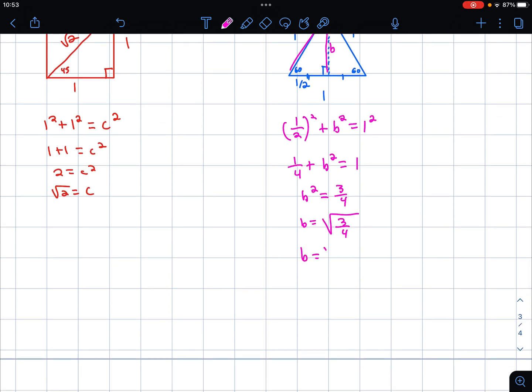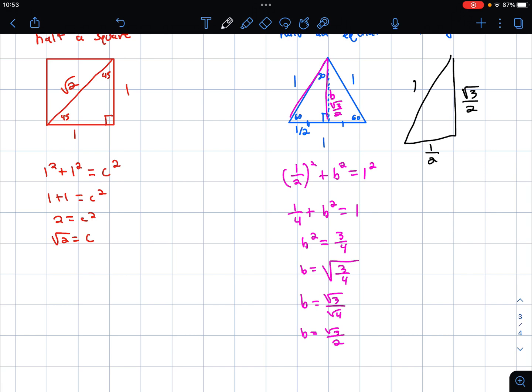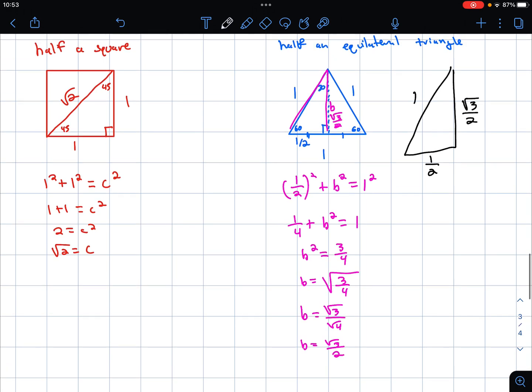Property of square roots over division, I can say root 3 over root 4, aka b equals root 3 over 2. Okay, and if b is root 3 over 2, well, now we have a right triangle with the proper ratios. We have 2y, 1y, and then y root 3, where root 3 times 1/2 is root 3 over 2. So that's where they come from.